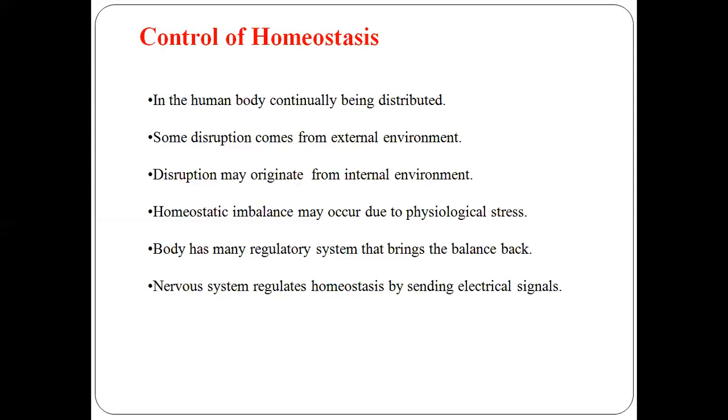The nervous system regulates homeostasis by sending electrical signals known as nerve impulses to organs that can counteract changes from the balanced state. The endocrine system includes many glands that secrete messenger molecules called hormones into the blood. So this is all about the control of homeostasis.